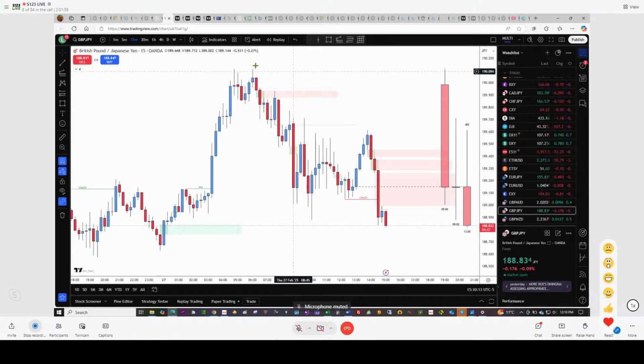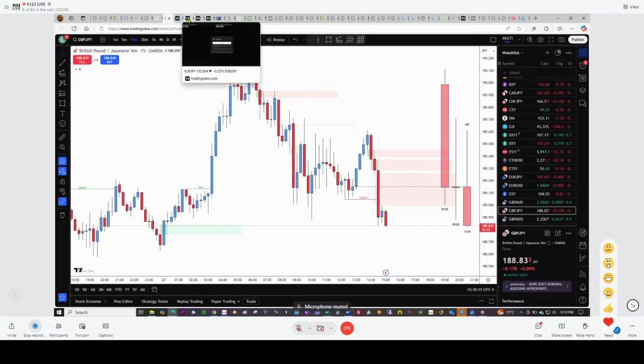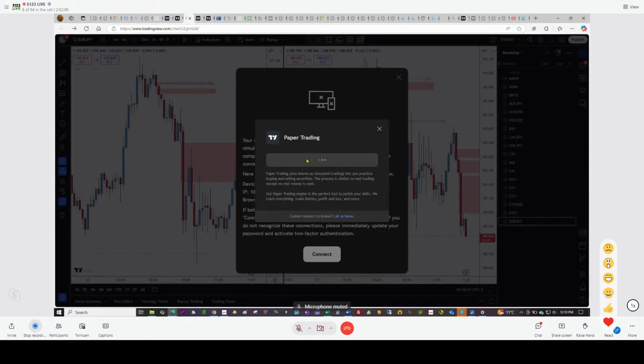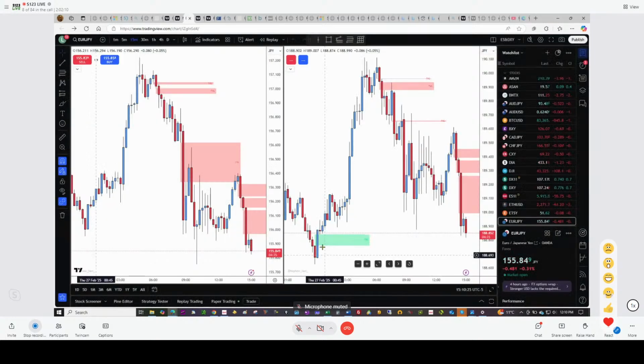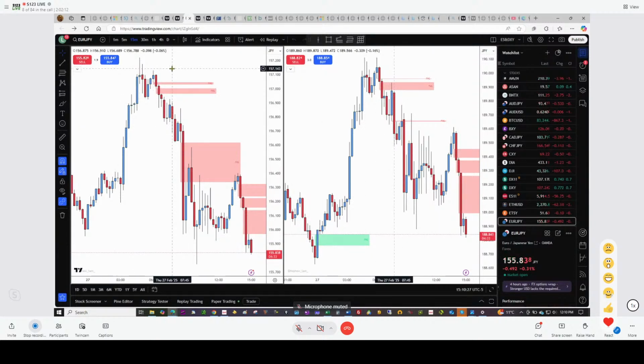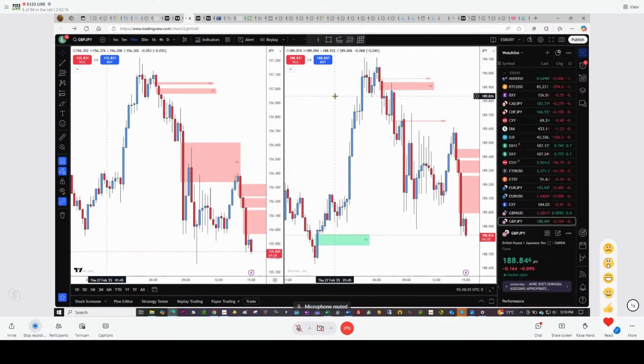And there you have divergence, Euro JPY and Euro GBP. So there is some divergence there. Look at both of them here. There's Euro JPY on the left and GBP JPY on the right.